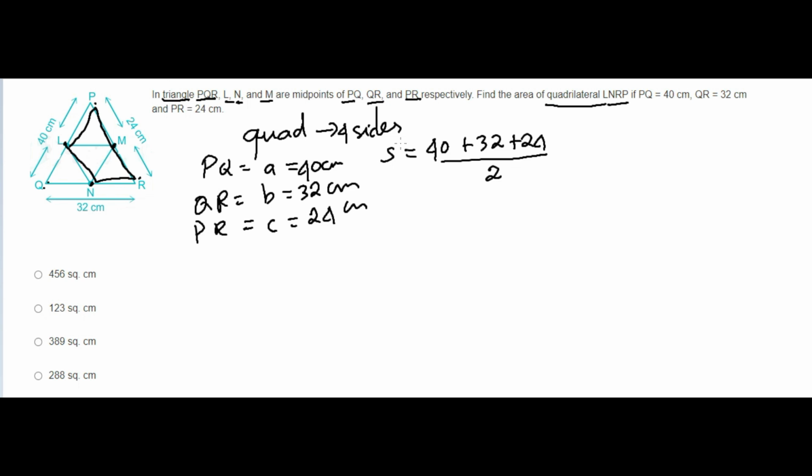Once the perimeter formula is completed, the answer is 48, because 40 plus 32 plus 24 is 96, and 96 by 2 is 48 centimeter.